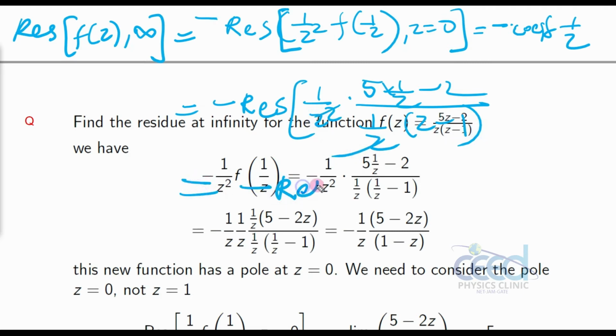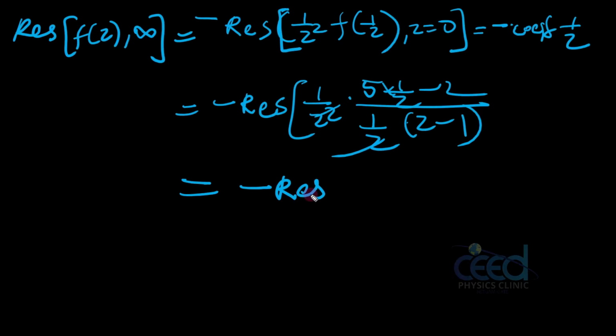So minus residue of, let me go to the blackboard, here we have cancelled only the square, right? So I have 1 by z here, and this I can cross multiply. When I multiply this, I can write 5 minus 2z here. All z in the question we are replacing with 1 by z, right?